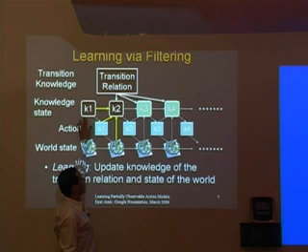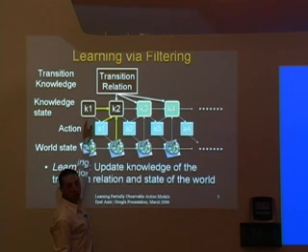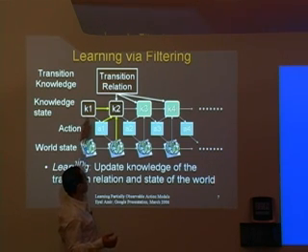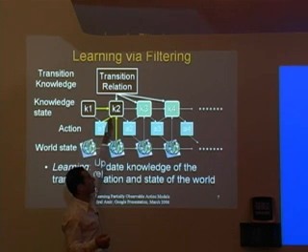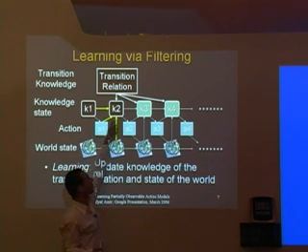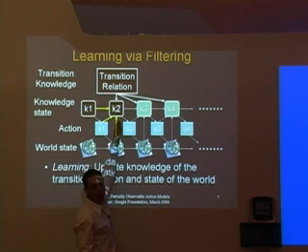What you see here, noted as K1, K2, K3, and so forth, is some sort of knowledge that the agent has at that particular time. So after the agent performs an action, it knows that it performed that action, and it makes some observations, and we now have to update its knowledge state.